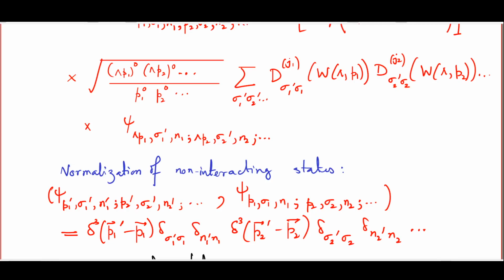Of course, you have one such factor for each particle, but that is not all. It is very possible that in the two states whose inner product we are talking about here, the particle labels may have been mixed up in order. The particle which we have been calling particle 1 in this state may appear in this state but as particle number 2 or particle number 4. Particle number 2 on the other hand here might become particle number 3 here and so on.